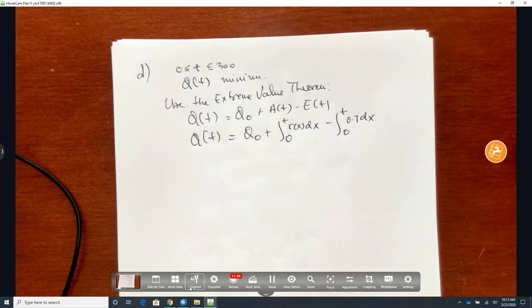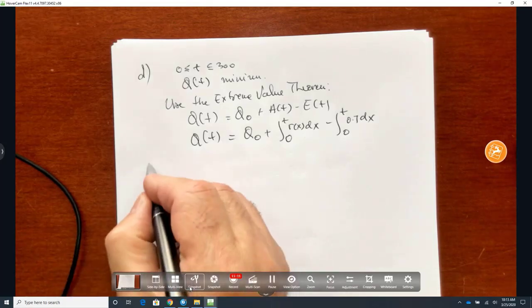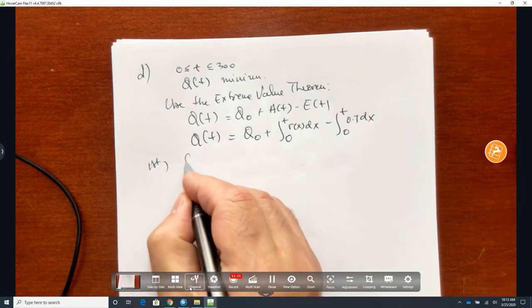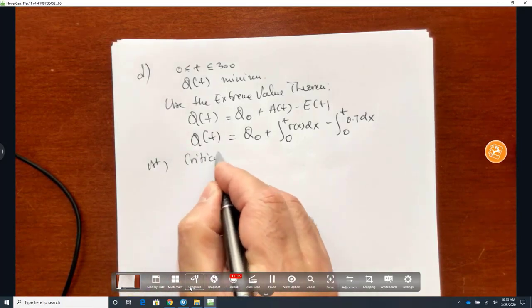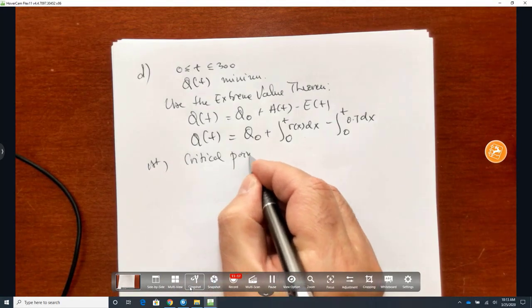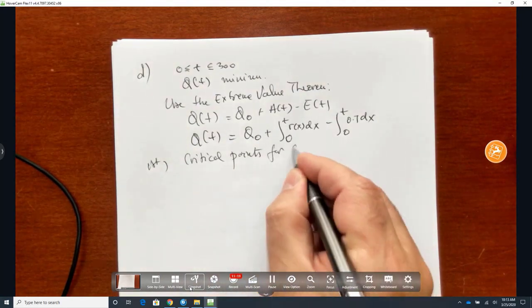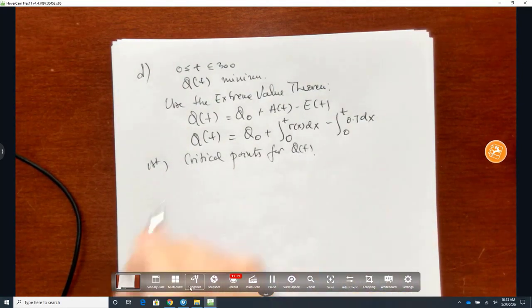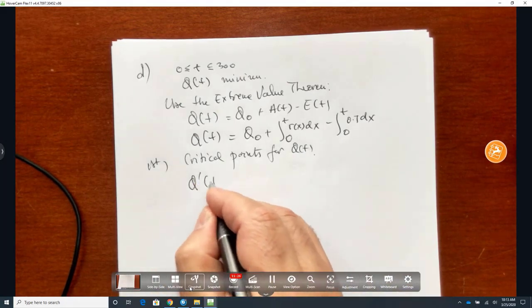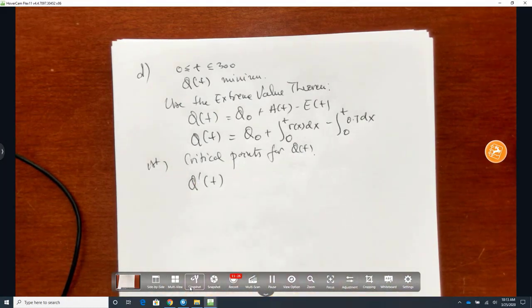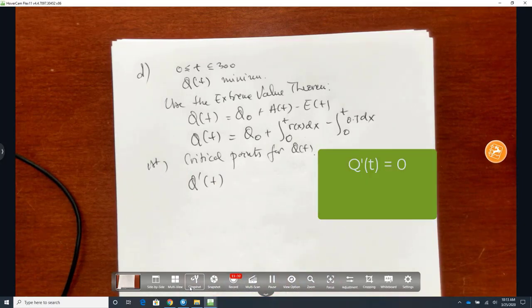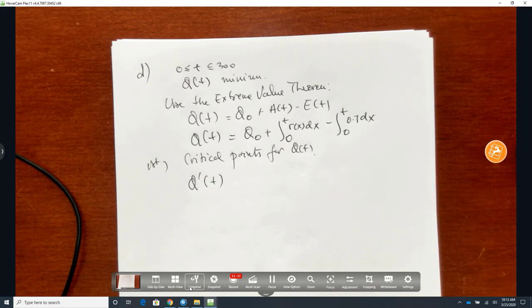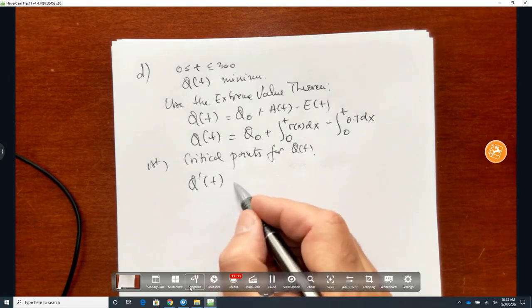So first, let's figure out the critical points for q of t. I'm gonna take the derivative of q of t, and I will solve that one and see when the derivative equals 0. Now, because this is a kind of a complex equation we'll end up with, I'm going to use the graphing calculator. But until then, let me write this one nicely here.